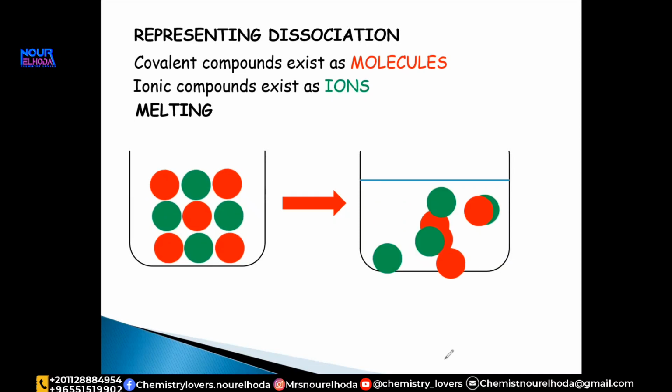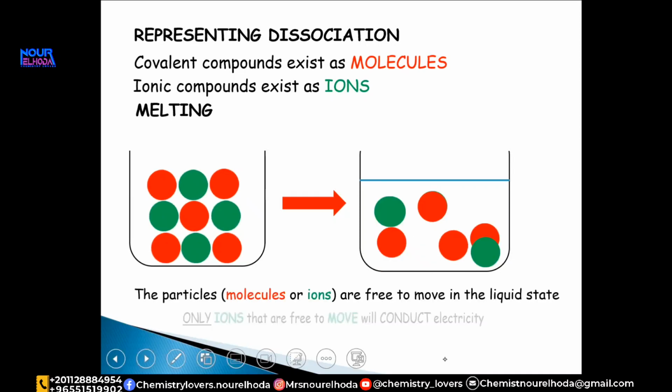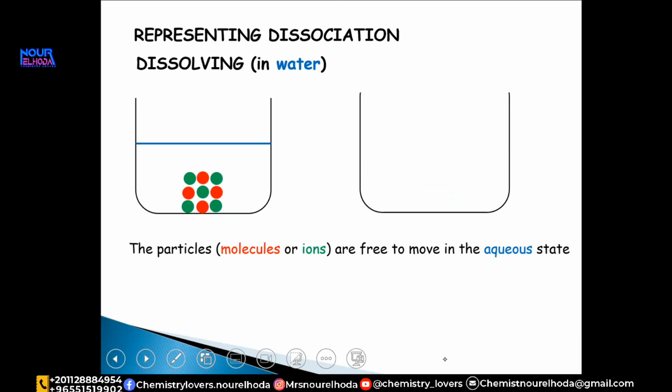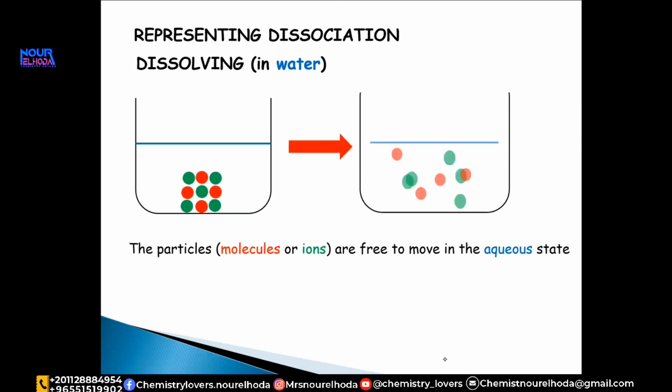Now what about the other option, if I'm having the same ionic compound but I add water to it? Once I add water, are the ions free to move or not? Okay.